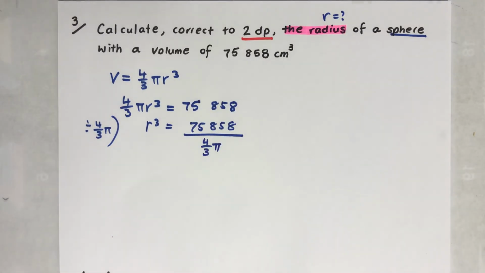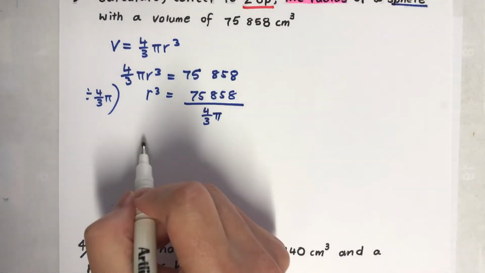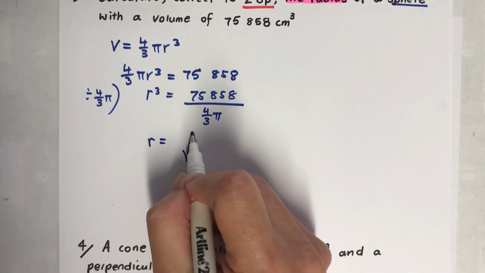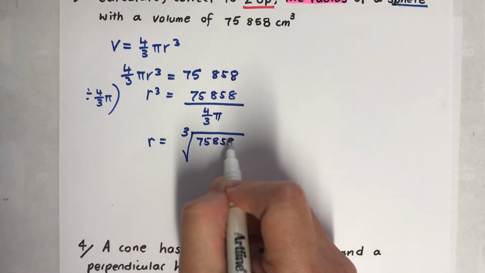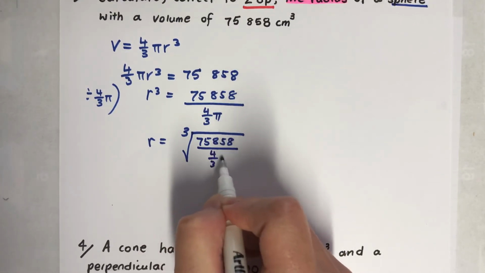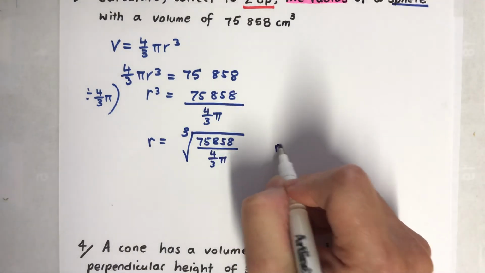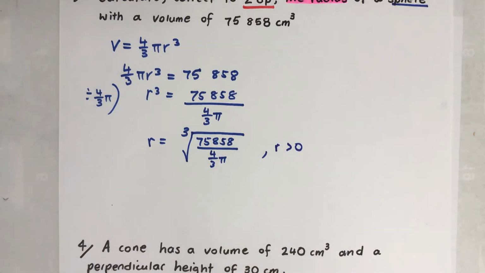Now, don't use a calculator yet, I'm going to show you something. Equals. Now, r is bigger than 0 because it's a distance, so make sure you have that ready.